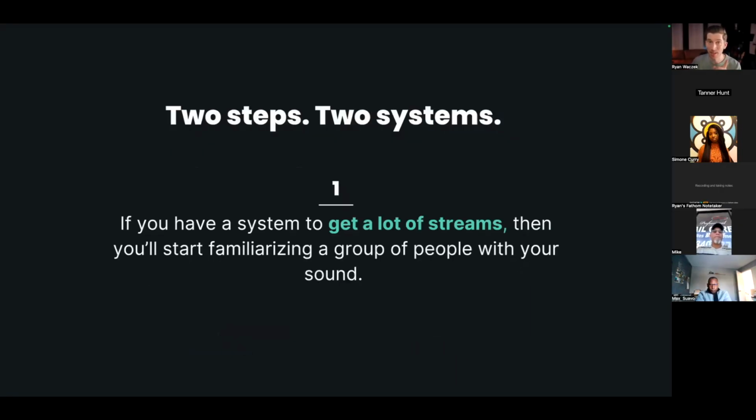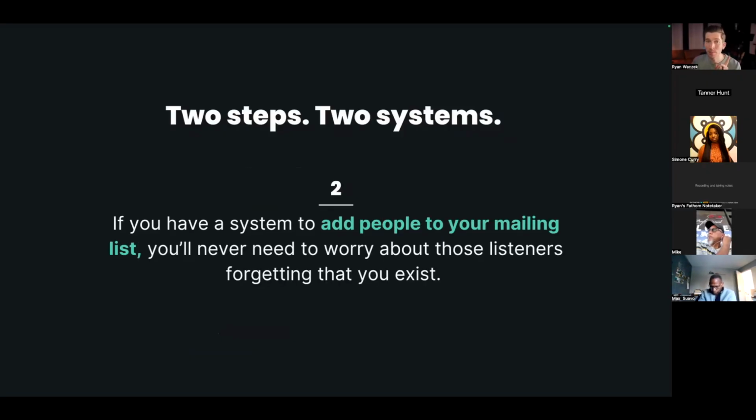The second step of this dual system is to have a system to add people to your mailing list so you'll never need to worry about those listeners forgetting that you exist, right? If you can communicate with them of every new release reliably, because Spotify is not going to do it. Trust me, Spotify is not going to announce your releases reliably.